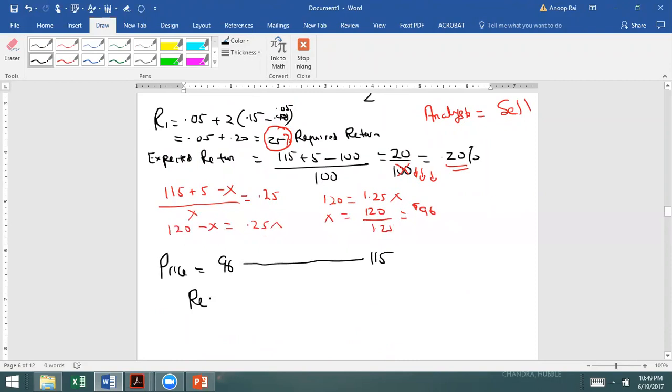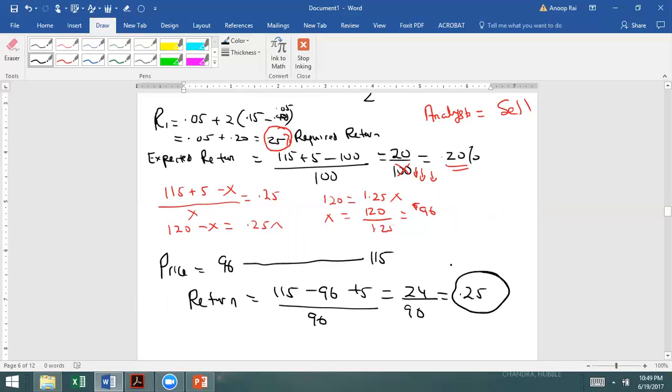Your return is 115 minus 96, which is what you get for your stock, but you also have your $5 dividend, and you paid 96 for it. So your profit is going to be $19 plus 5, $24, over 96, which is equal to 0.25.